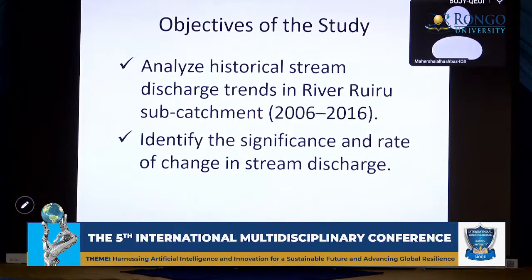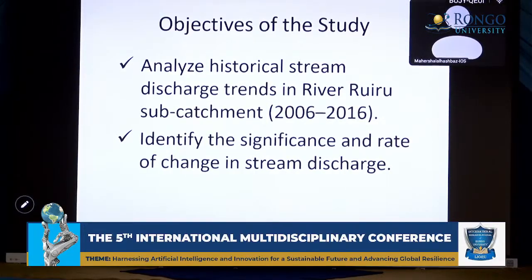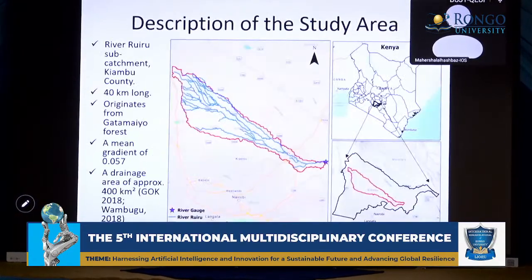There was no data available from 2016 to 2024, which gives us a gap. The second was to identify and quantify the significance and rate of any observed changes in inflow. The goal was to understand whether discharge is decreasing and what this means for water security generally.